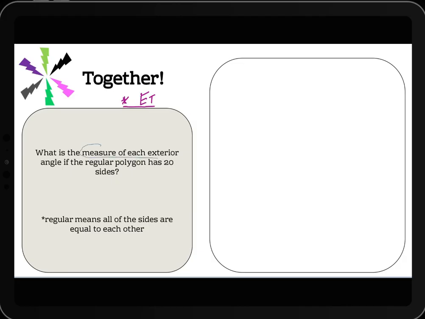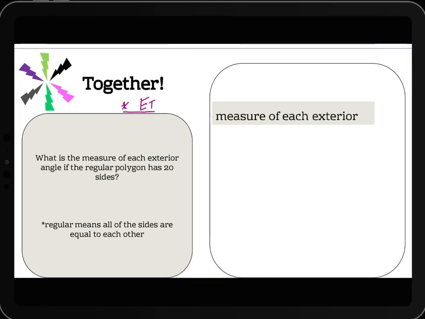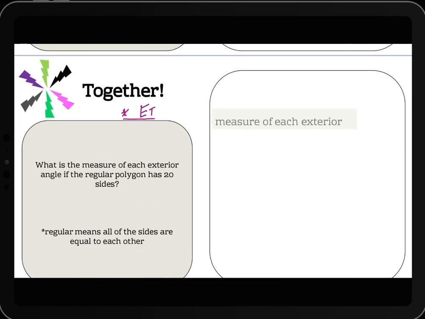Let's see if I can copy and then paste. And then I'm going to decrease the size of that. Okay, the measure of each exterior angle is going to, and this is supposed to be in a regular polygon. It's very important that you understand it has to be a regular polygon.